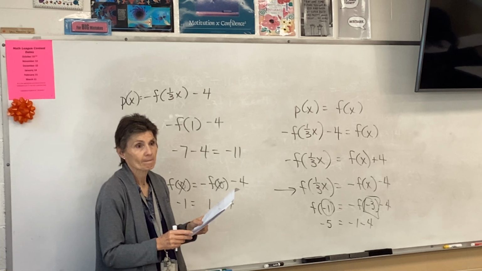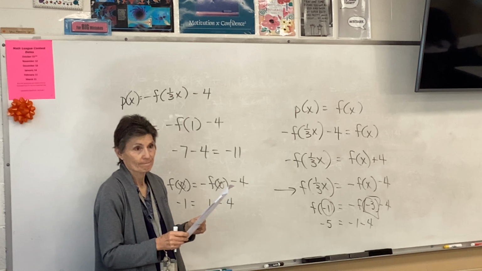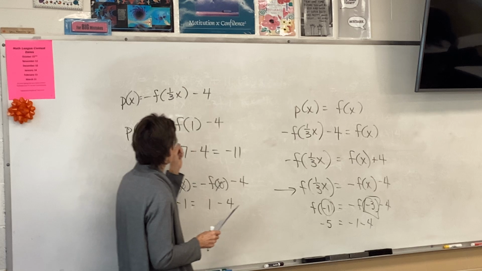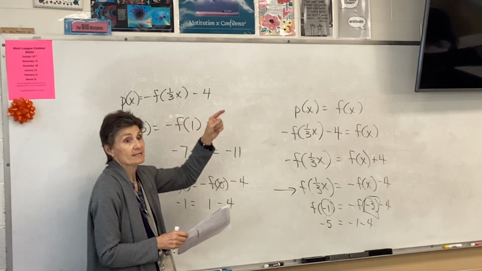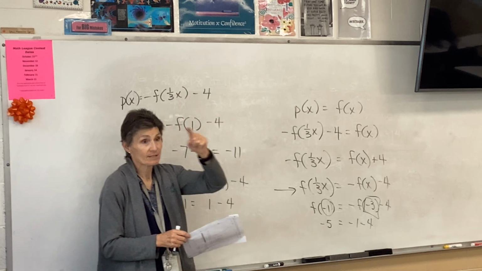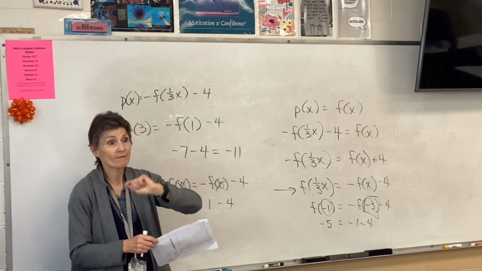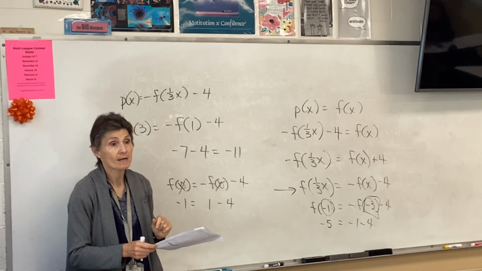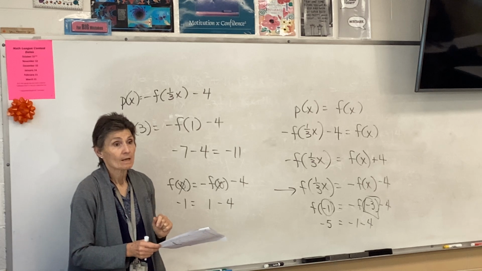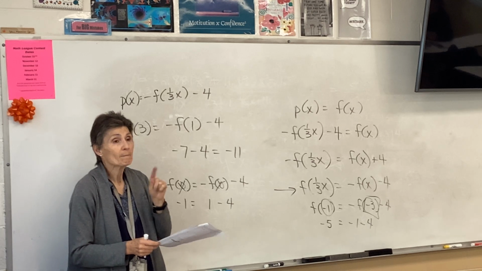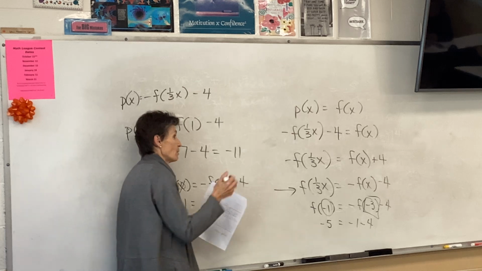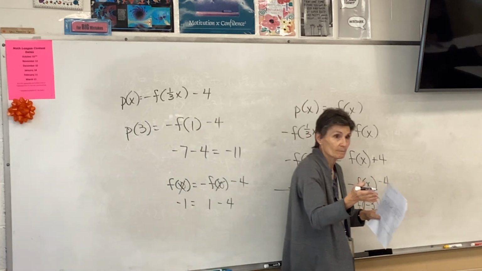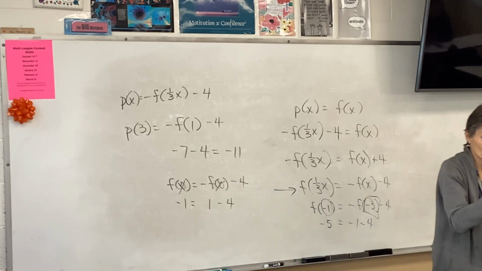If P of x equals F of x, are the functions equal? The transformed function has the same output as the original function for one value of x. Just one value? Not in general, yes, for one value of x. I thought for a second it would be all solutions. No. Think about the homework, where there were some problems where the original was graphed and then you had to draw the transformation.